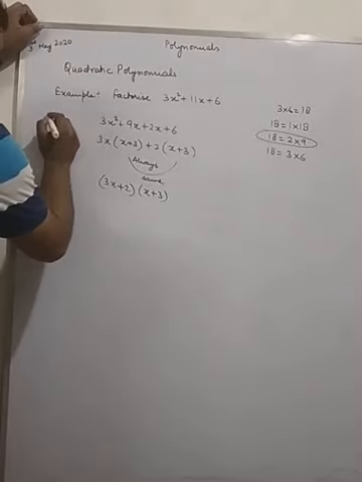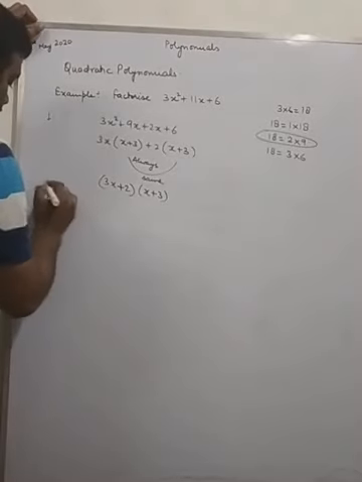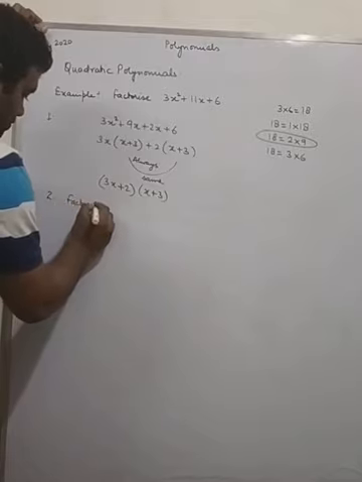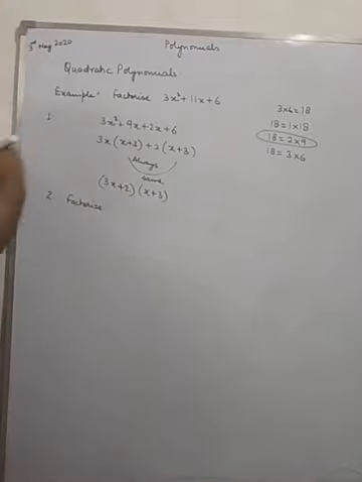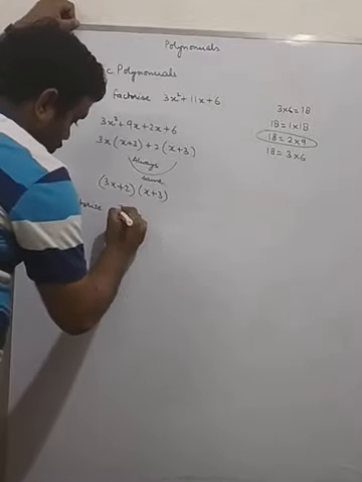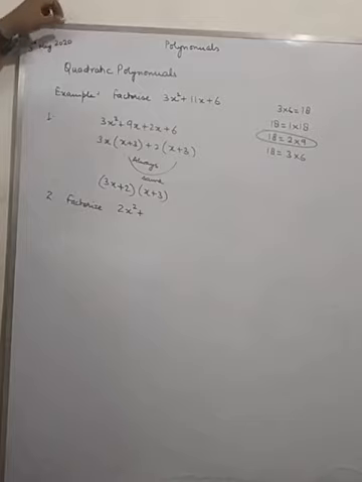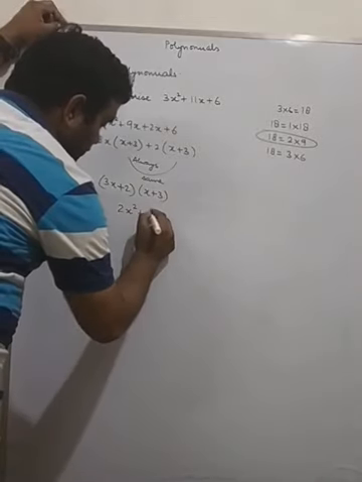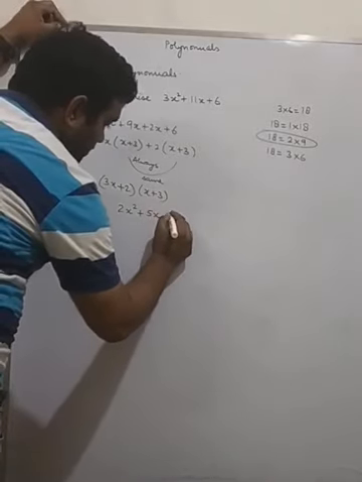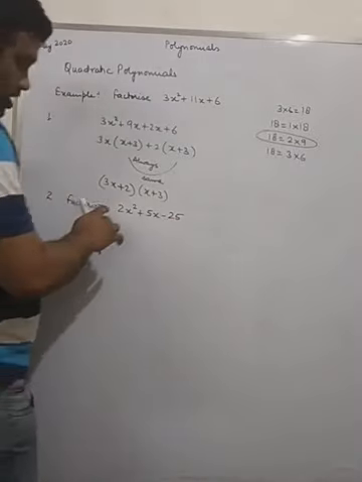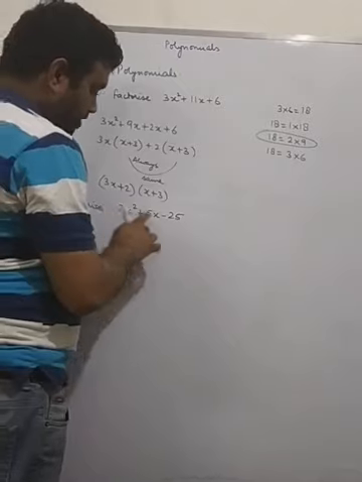Let's take another example which is based on the difference. So factorize 2x square plus 5x minus 25. Again, the first step says multiply 2 and 25.